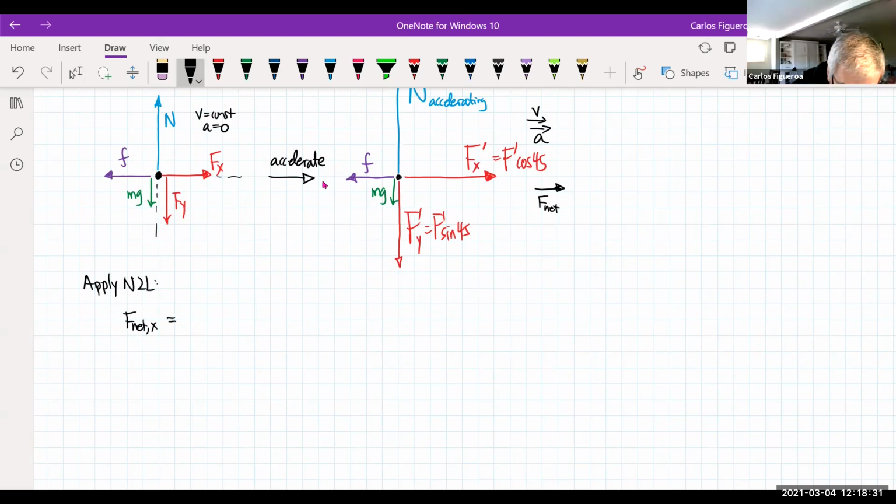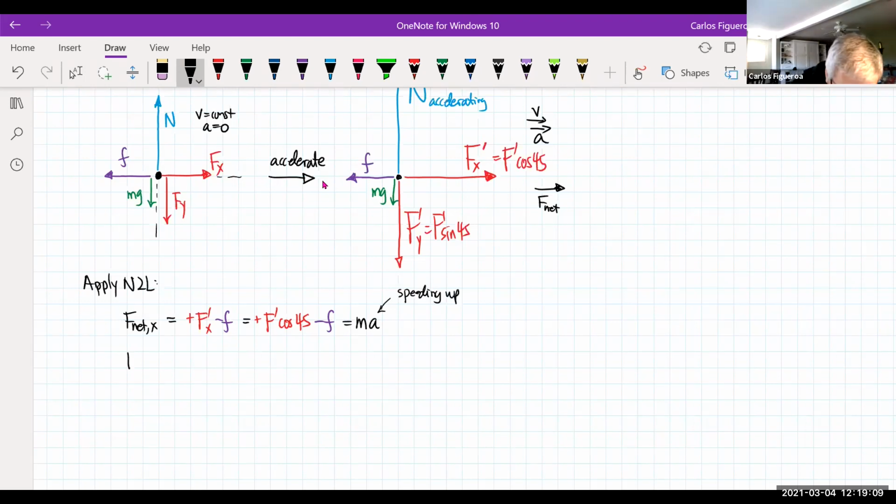And what we already showed here is that this guy should be positive F prime cosine of 45 minus the friction. But now, because it's accelerating, it should be mass times acceleration, right? That guarantees that this is occurring because we know it's speeding up.